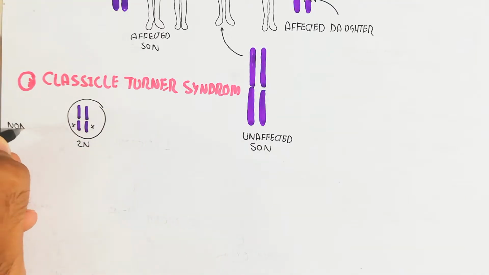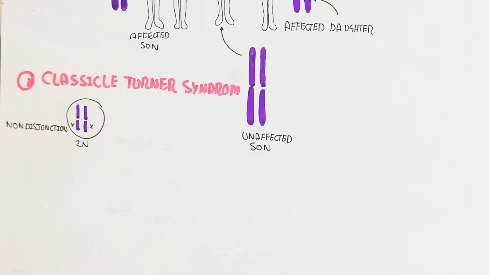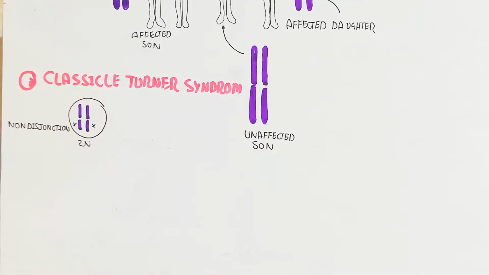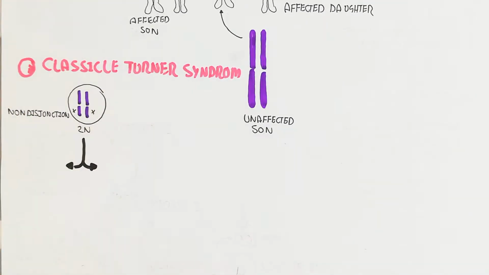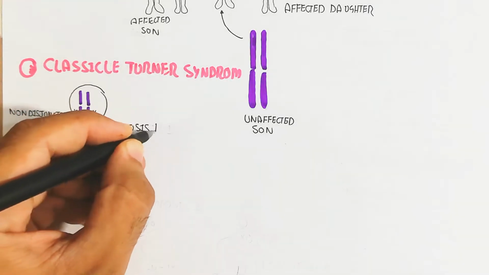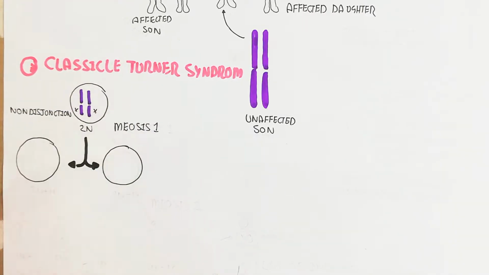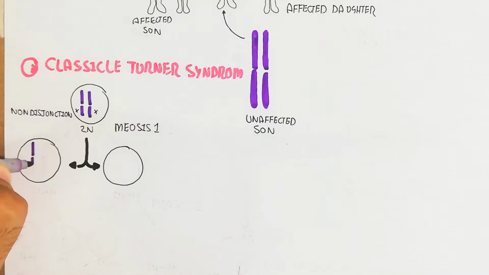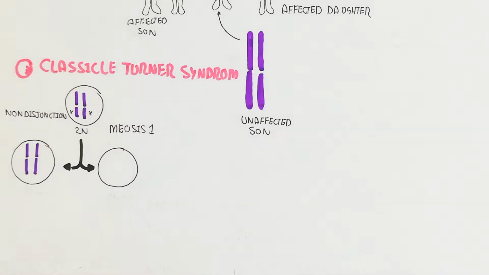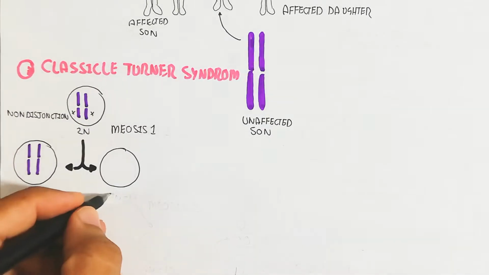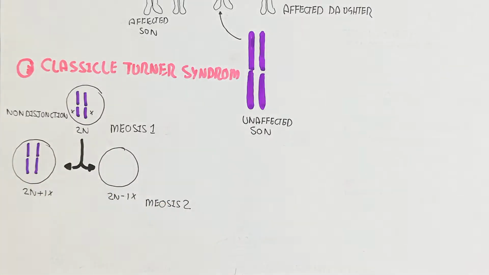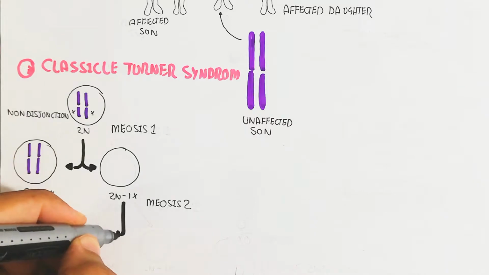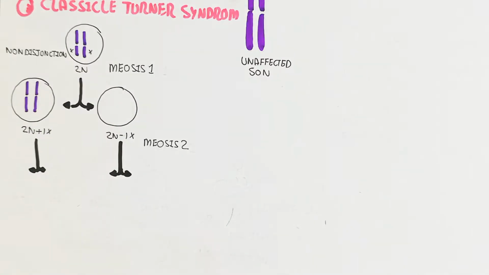The classical Turner syndrome is basically different. In this way meiosis will occur in the reproductive system of the male, and non-disjunction will occur. Non-disjunction in meiosis 1 will produce 2n plus 1 X, which means an additional X chromosome will be added, while the other will be empty for the X chromosome.